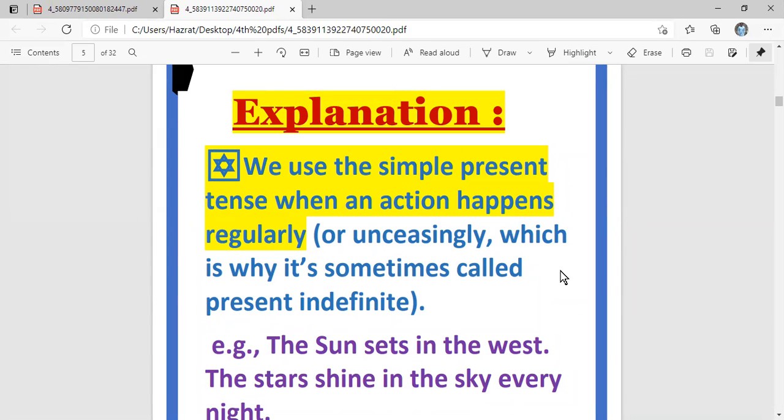That is why we sometimes call it indefinite. The word indefinite means a thing that is unknown or regular, that moves on regularly. That is called indefinite.